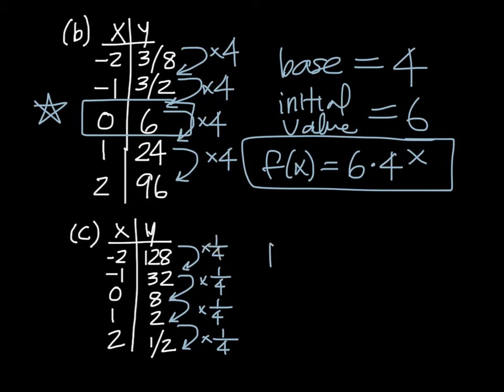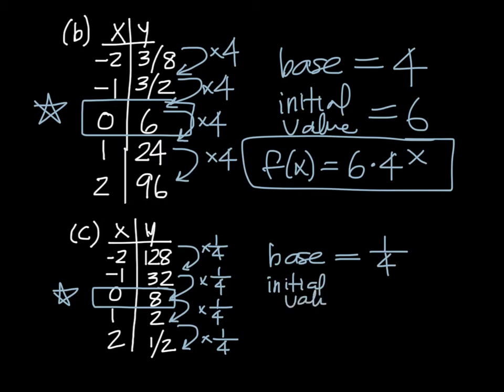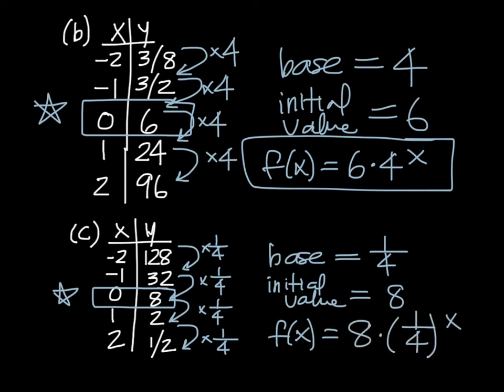So that tells you that the base is 1/4. What about the initial value? Well, once again, we look at when x is 0, and we see that the initial value is 8, which tells us that f of x equals 8 times 1/4 to the x power.